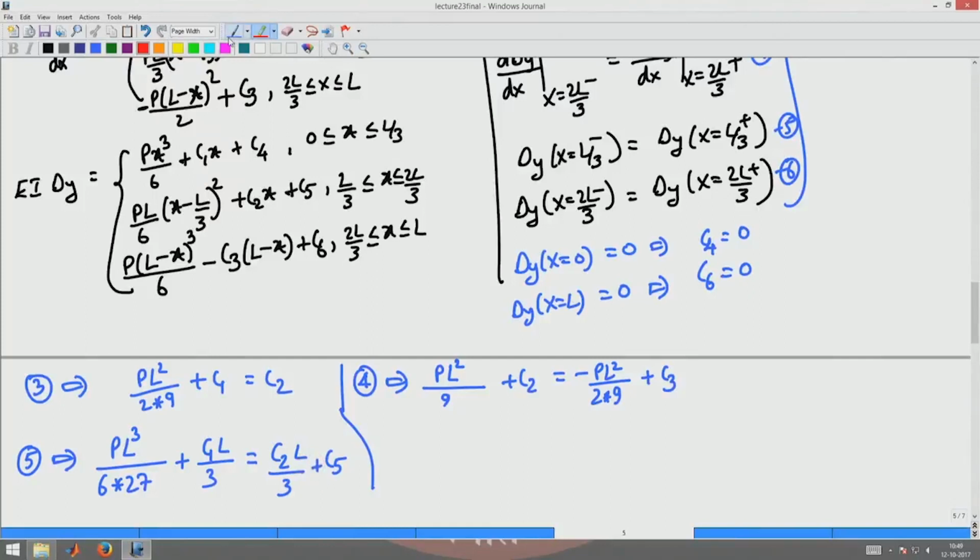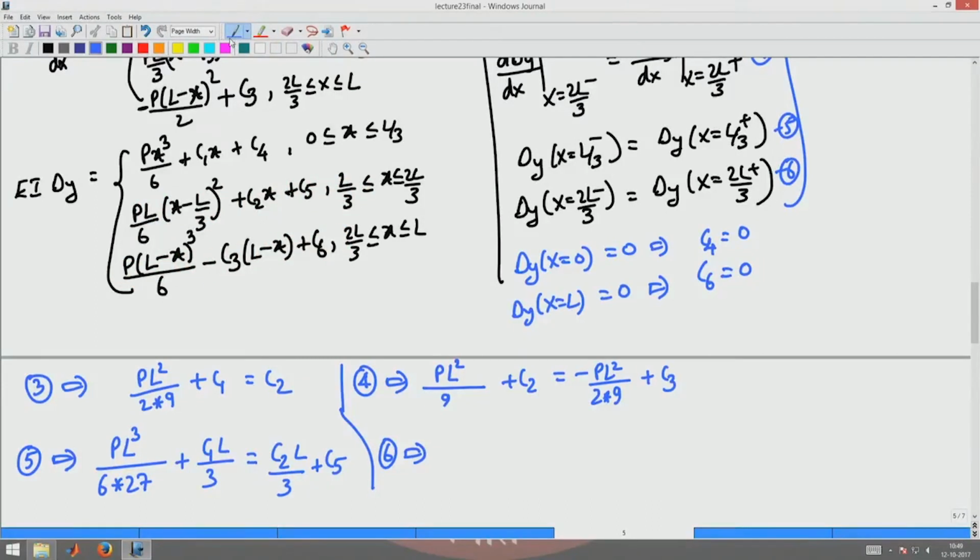Now, from equation 6 we will get it as, I have to substitute x equal to 2L by 3 in this equation and in this equation.